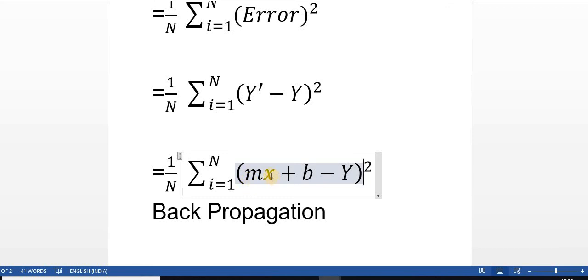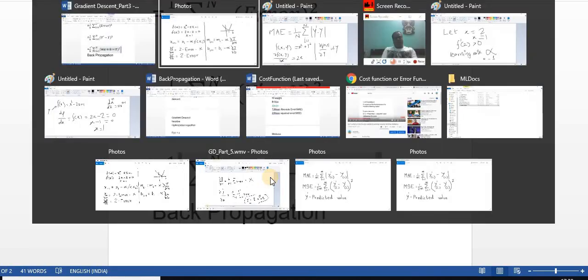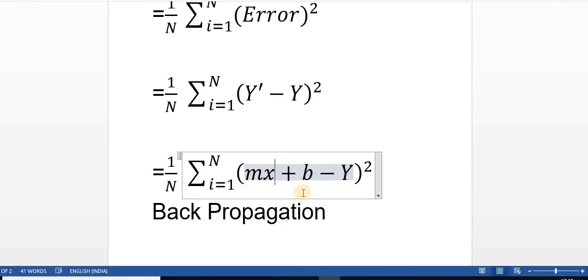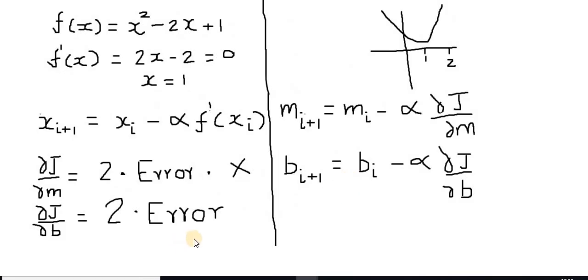At that time, x is a constant, b is a constant, y is a constant. So the derivative of mx is x. That's why you get 2 into error into x. When you differentiate with respect to b, you will get 2 into error, as the derivative of b is 1.